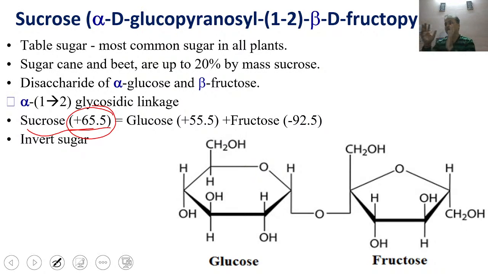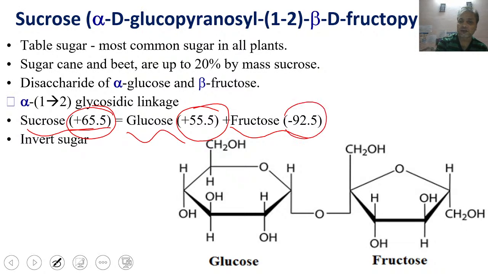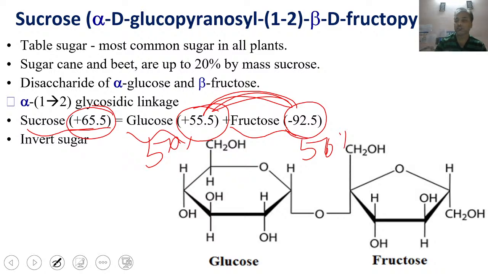When you digest sucrose, you get glucose and fructose. Glucose has an optical rotation of 55.5 degrees, and fructose has an optical rotation of minus 92.5 degrees. Even if you combine these two, because this is 50% and this is 50%, a 1:1 ratio, the overall result will be in the minus.